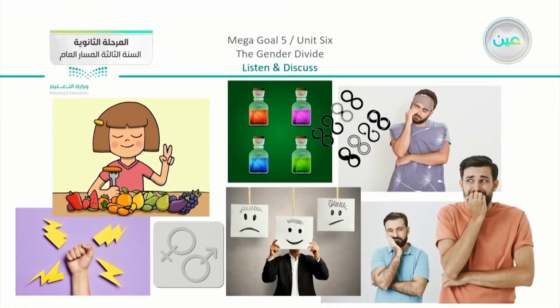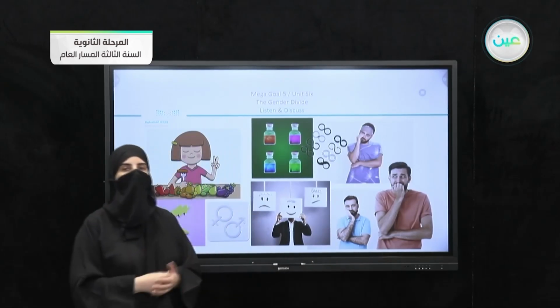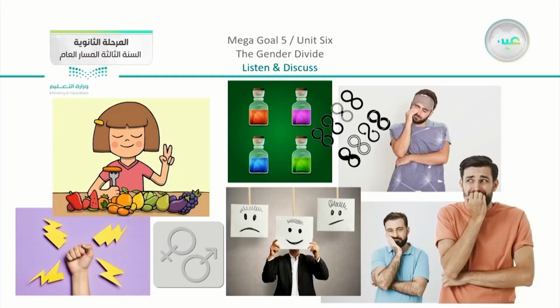Now here we go through the words, and just to give you a hint, we do have these pictures. You can see that there are different pictures that we are going to go through also in the lesson. So just to have a very quick look at the pictures and have an idea about them, we can see that there is a person. This person, once he looks sleepy, the other time he looks a little bit worried, and we can see that he is bored in the third picture. We can see that we have this kind of symbol.